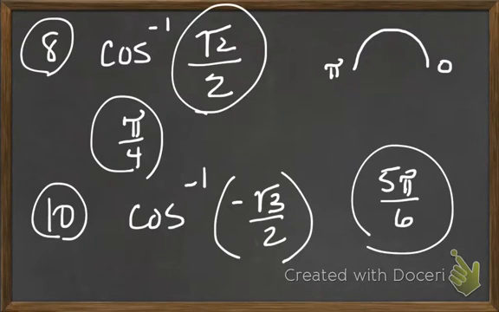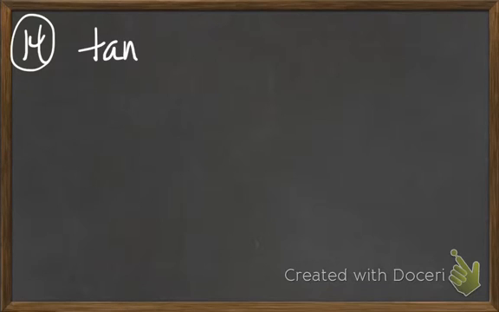All right, let's look at number 14. Inverse sine and inverse cosine are a little easier than inverse tan because inverse tan relies on y divided by x. So let's look at inverse tan. Let's look at 14. So inverse tan of 1.